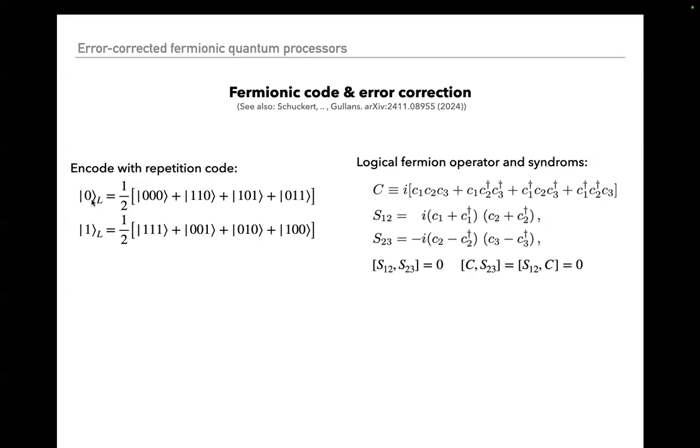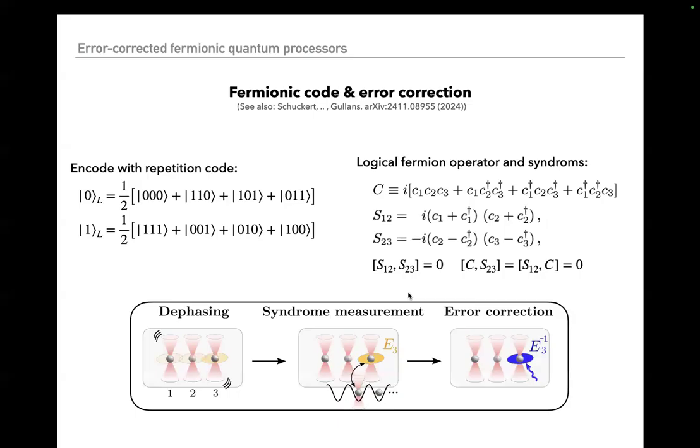1 to this logical 0. And of course, there's a corresponding creation operator as well. So with this, the idea is then to realize a set of operations in this way. You would have a dephasing operation by whatever influence of the environment you have as a consequence of imperfect implementation of your operations.